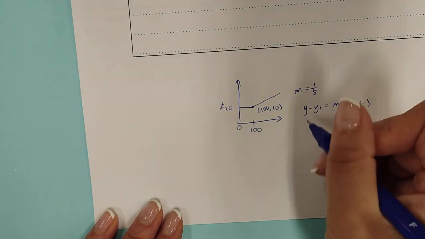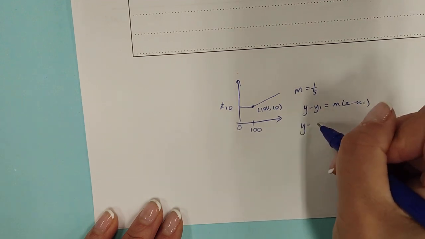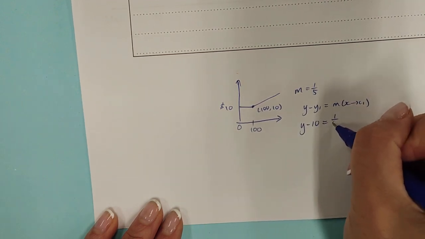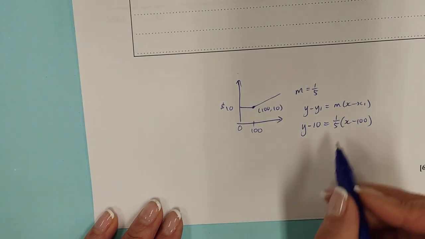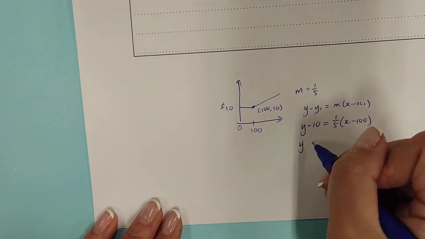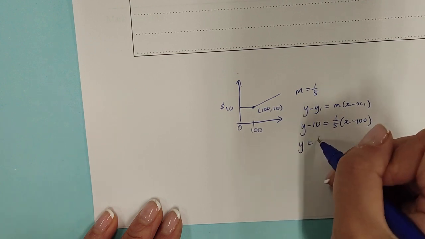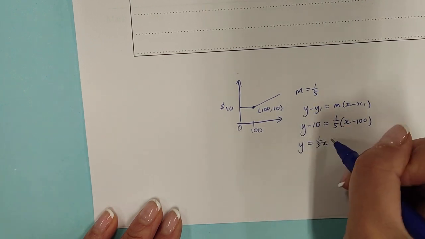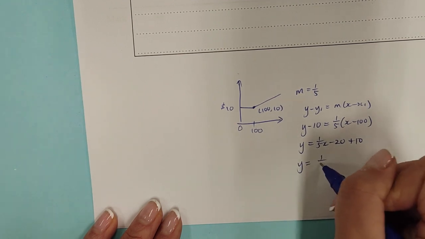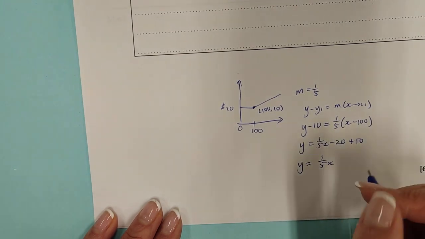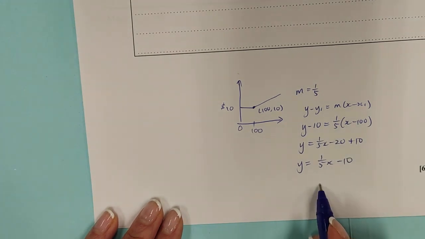plugging in our known values. So that's y minus 10 equals 1 over 5 times x minus 100. Let's simplify this. We get y equals 1/5 x minus 20 plus 10. And that simplifies to 1/5 x minus 10.